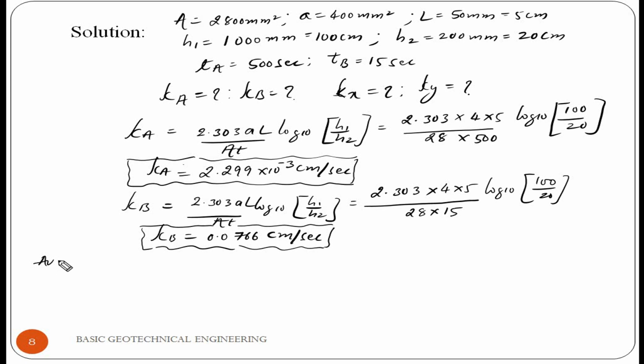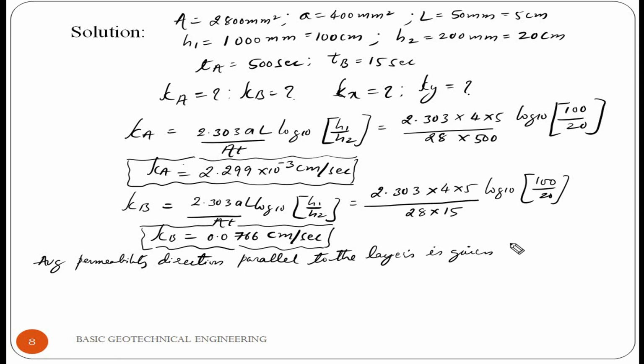The average permeability in the direction parallel to the layers is given by Kx is equal to Ka Za plus Kb Zb, divided by Za plus Zb.